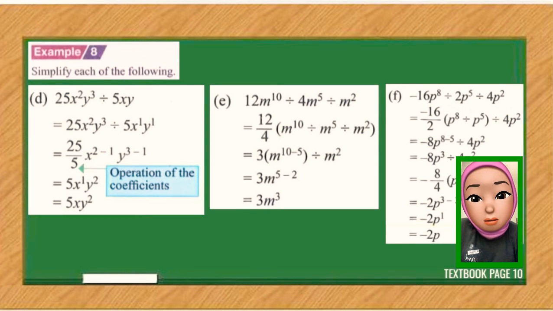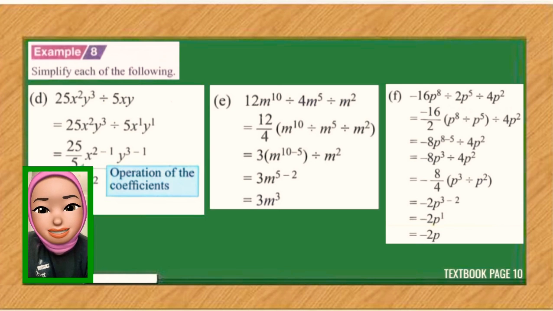Group together the base as m to the power of 10 divide m to the power of 5 divide m to the power of 2. Right after that, when you solve the coefficient, 3 equals m to the power of 10 minus 5 minus 2. Your final answer will be 3m to the power of 3.